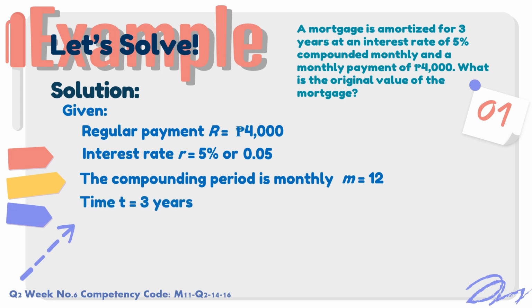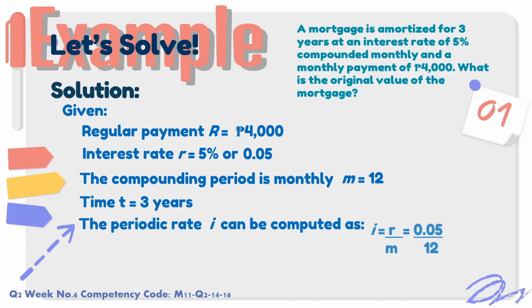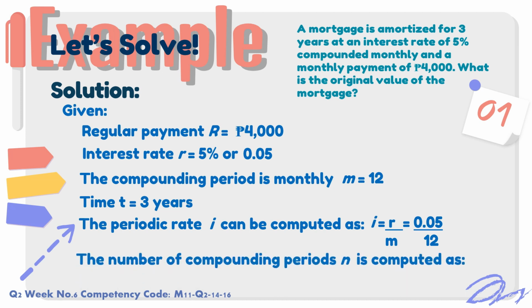The periodic rate i can be computed as i = r/m. If the value of the fraction is more than 5 decimal places, it is better to use fraction form to have the exact value. The number of compounding periods is n = 36, which is 12 times 3.